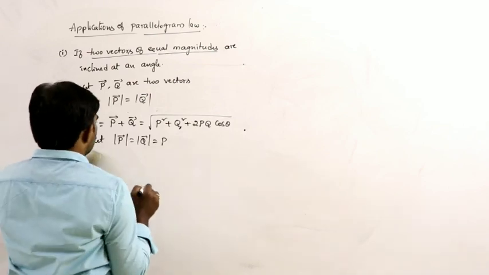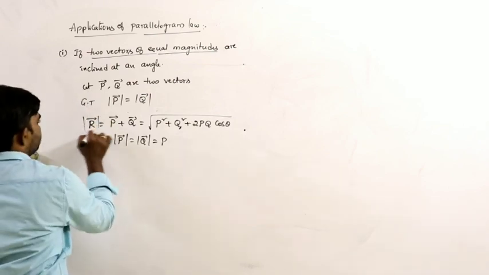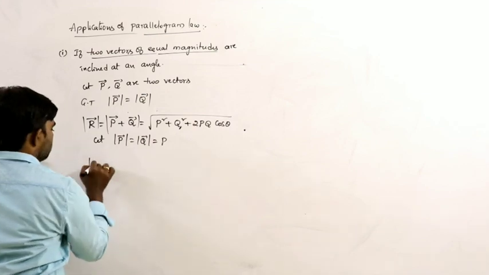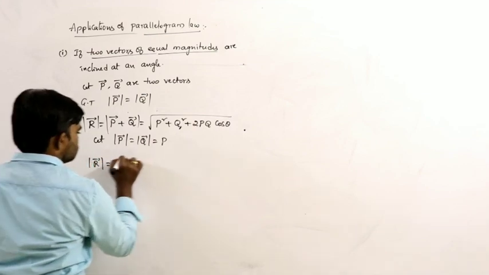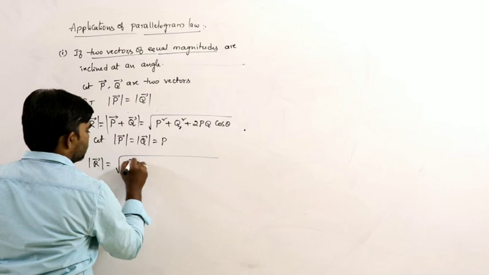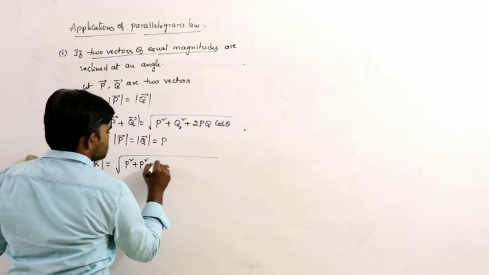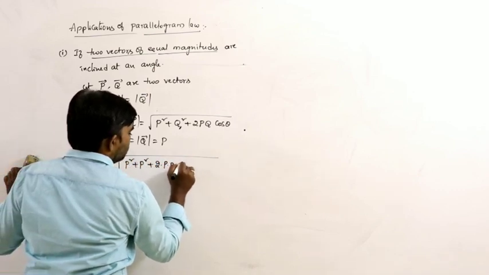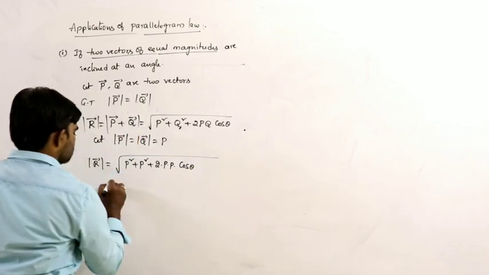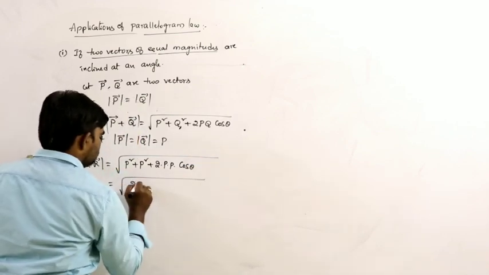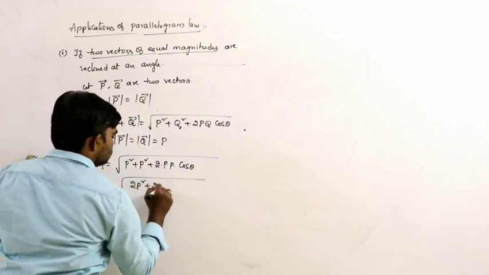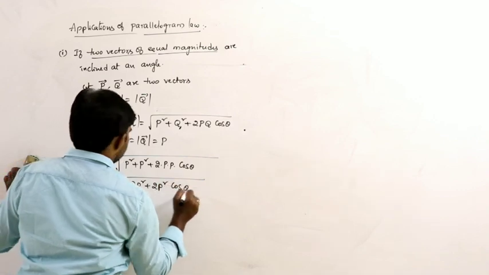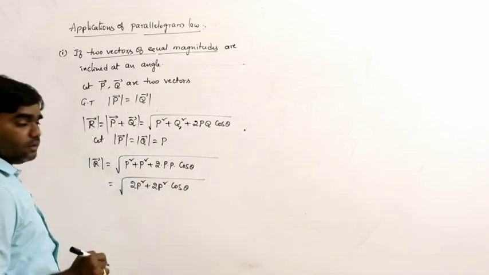So the magnitude of r bar is equal to the square root of p square plus p square plus 2p into p cos theta. That is equal to 2p square plus 2p square cos theta.